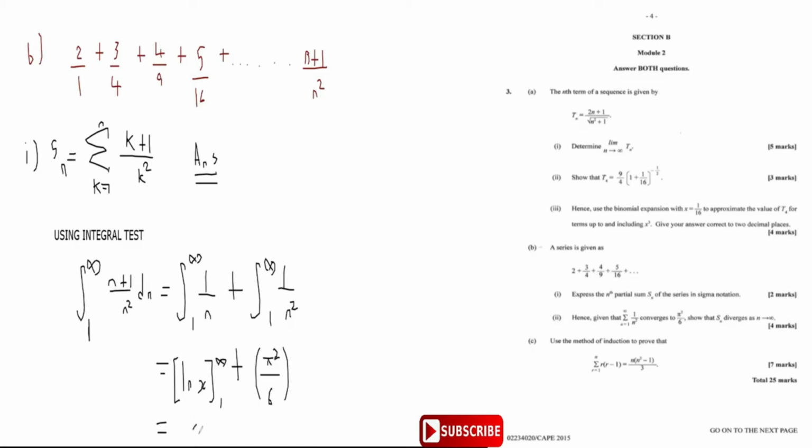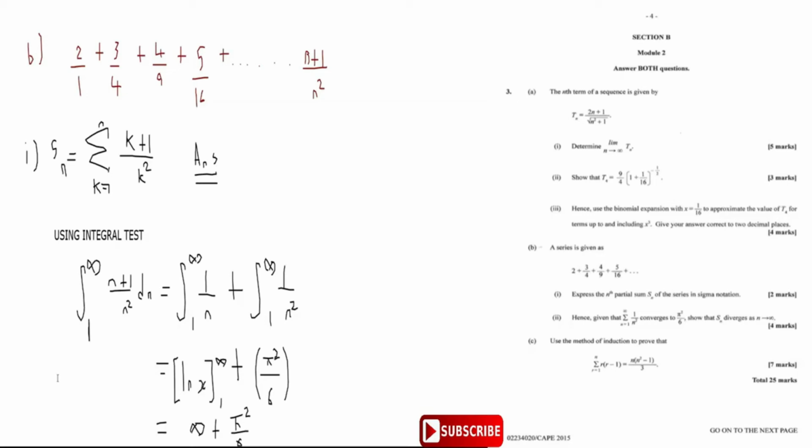We can just call that infinity. So this is infinity plus pi squared over 6, so hence it diverges. Using the integral test, it doesn't converge and so it diverges.